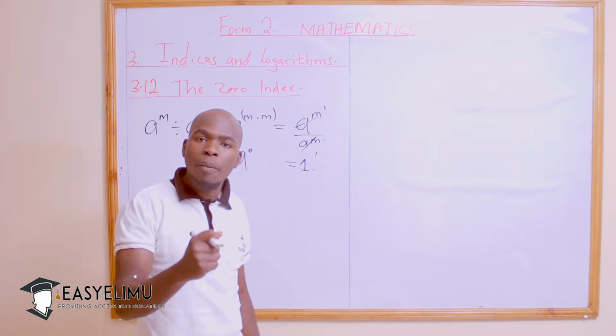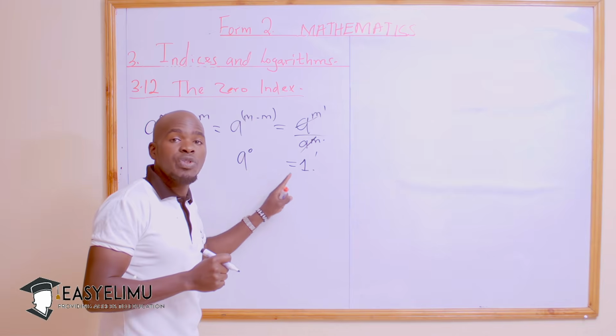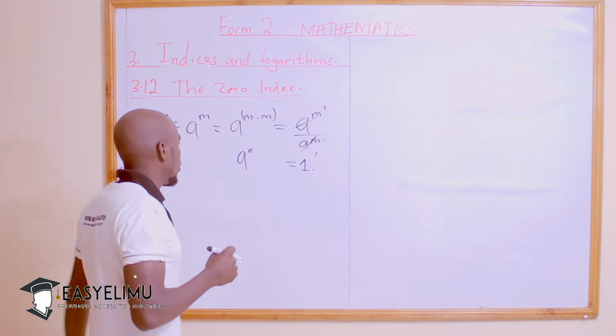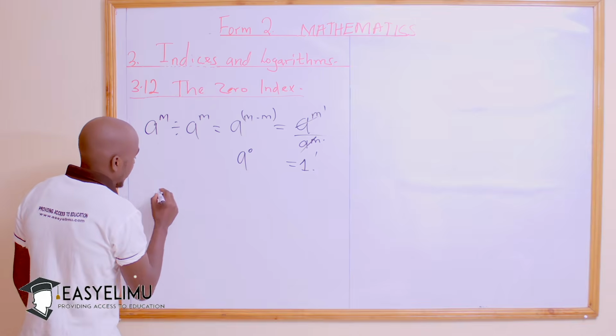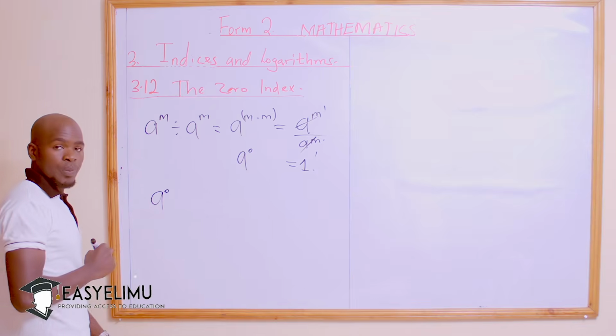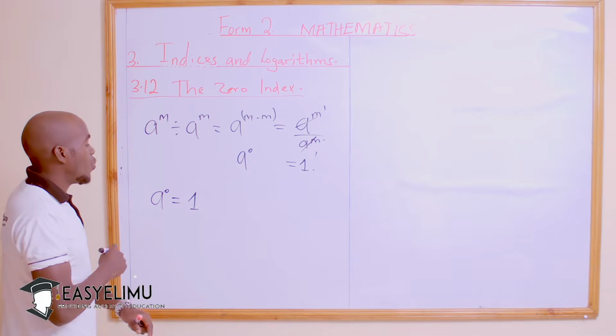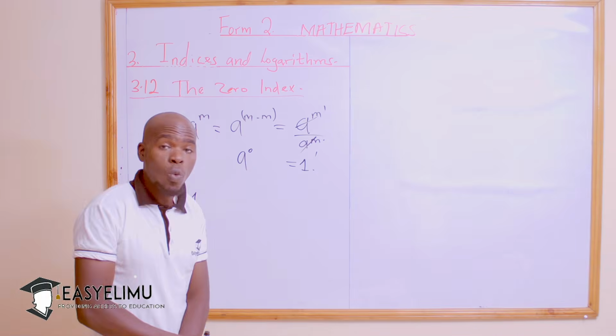And any number, be it 1,000 or 1,000,000, raised to 0 will give you 1. So we can say that if you have a number a raised to 0, the result will be equal to 1.